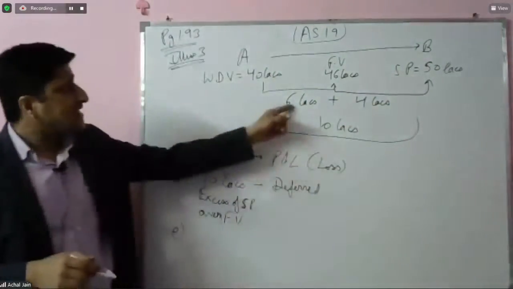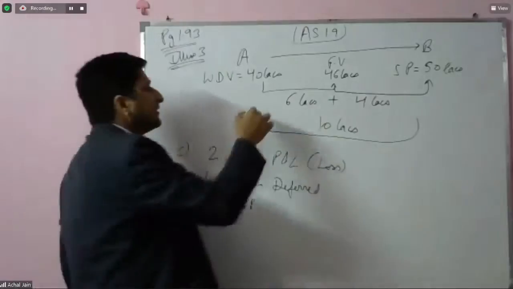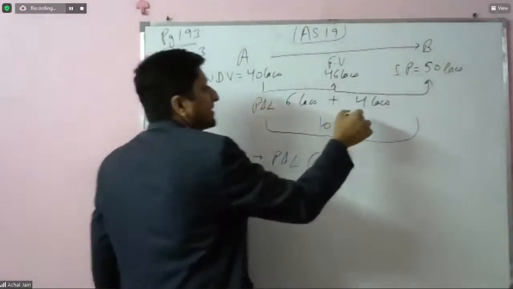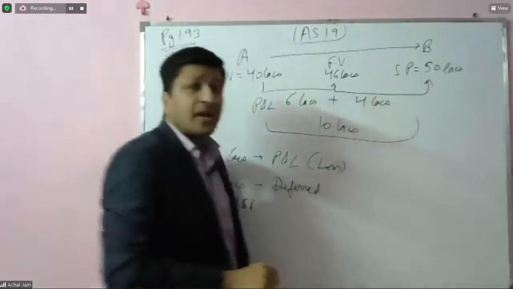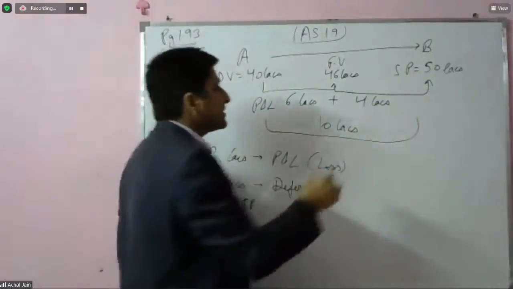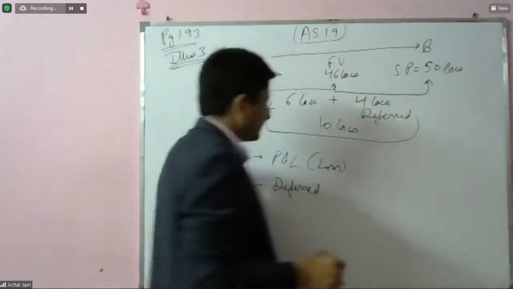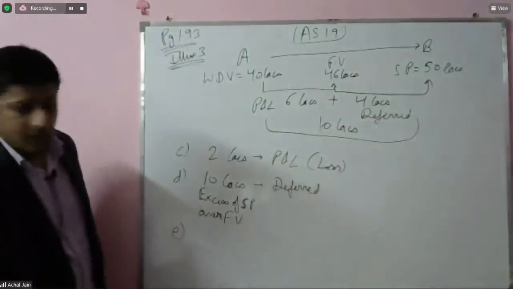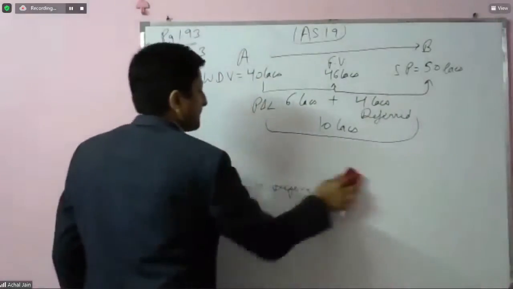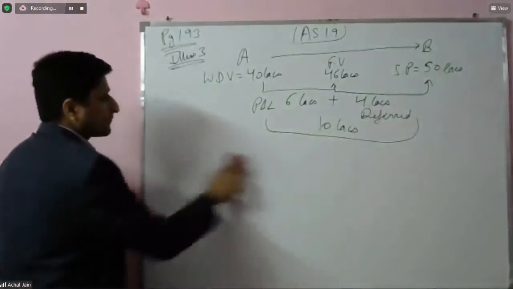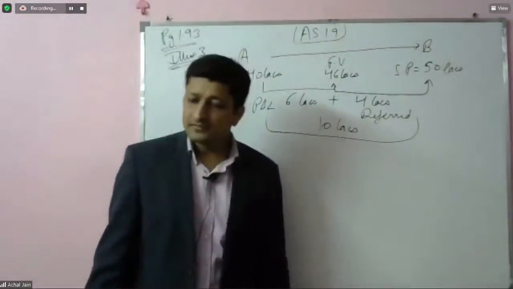So this 6 lakhs will go to P&L immediately. And this is the excess of selling price over fair value. This needs to be deferred. Clear? Clear on this?